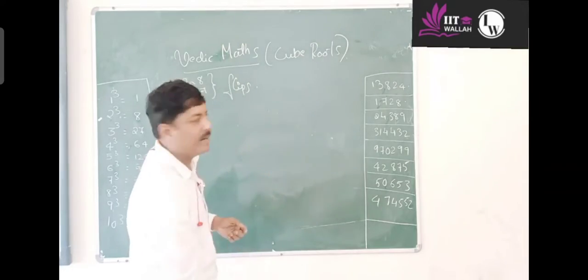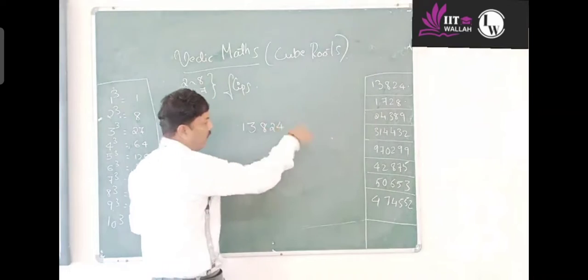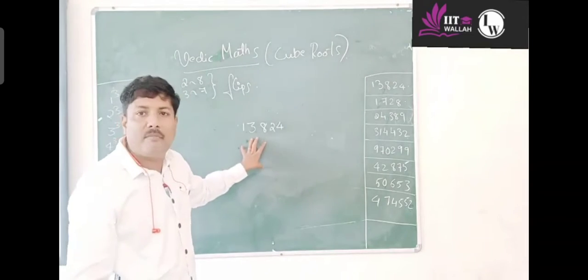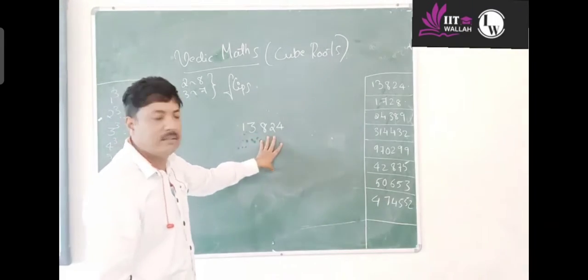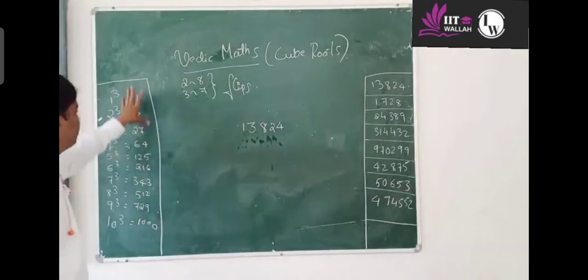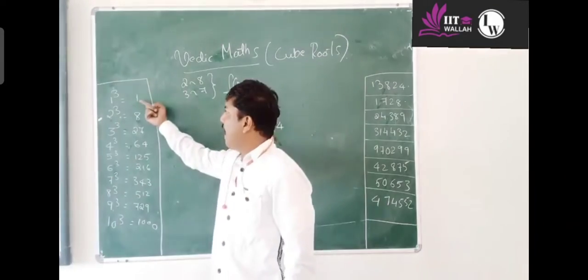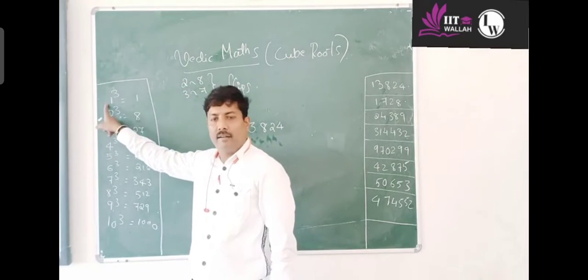So the first number is 1, 3, 8, 2, 4. Okay? This is a perfect cube number having 5 digits. By observing this table, you can understand one thing. If any number ends with 1, its cube root also ends with 1.